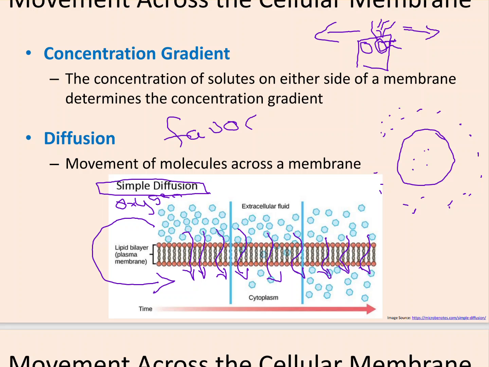That is why you can be at a distance from the stove but still be able to smell the aromas of that bacon or coffee or whatever is being made. This is the same thing happening in your cell. If there's a high concentration of something that can easily pass through the plasma membrane, it will move in favor of its concentration gradient from high concentration to low concentration. Simple diffusion requires no energy.